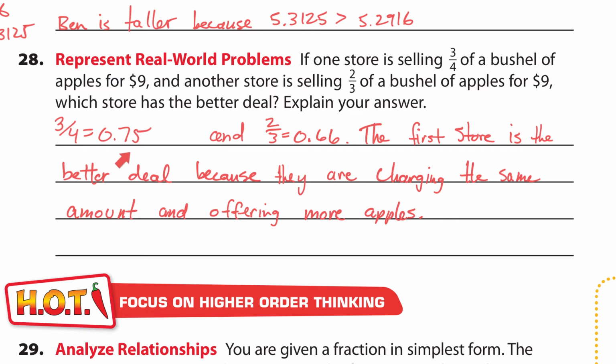Pretty easy. 75 is bigger than 66. So the first store is offering the better deal because they are charging the same amount and offering more apples. So they're both charging $9, but they're giving you 0.75 of a bushel of apples, and they're offering only 0.66 of a bushel of apples.